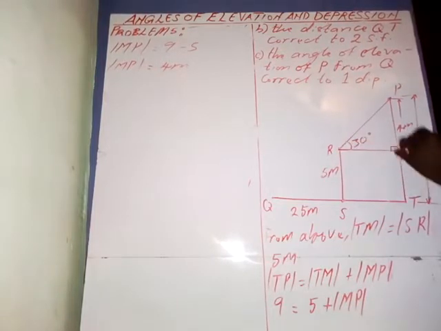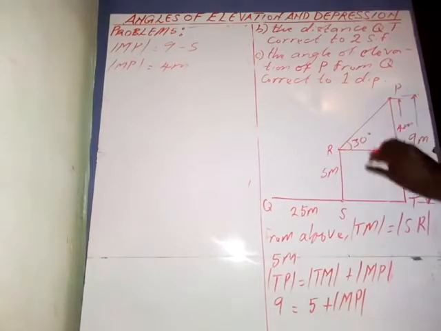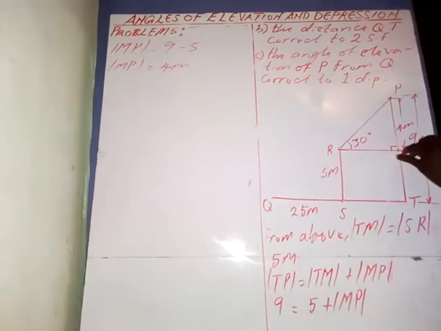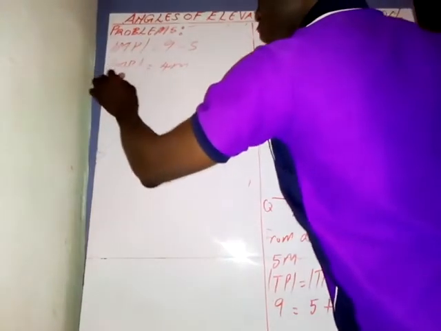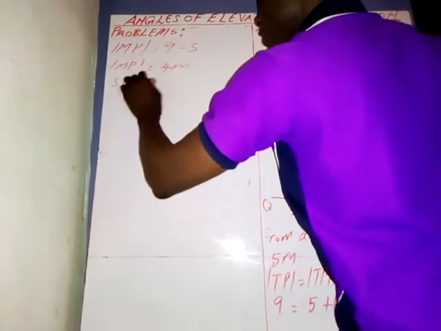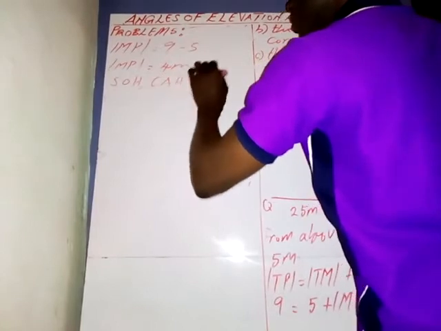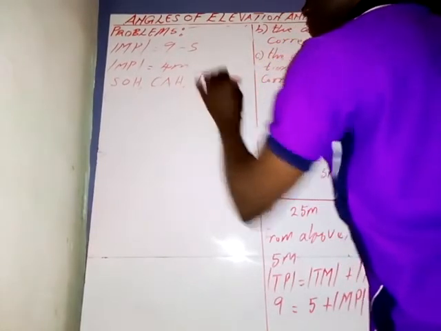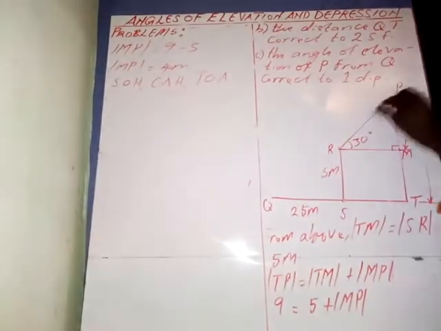If you look at this distance PR, it is the hypotenuse side of this right angle triangle PRM, and we have the opposite. So in this case, we are going to make use of SOHCAHTOA. So that is SOH, CAH, and TOA. I have to make use of one of these to get the value of PR.